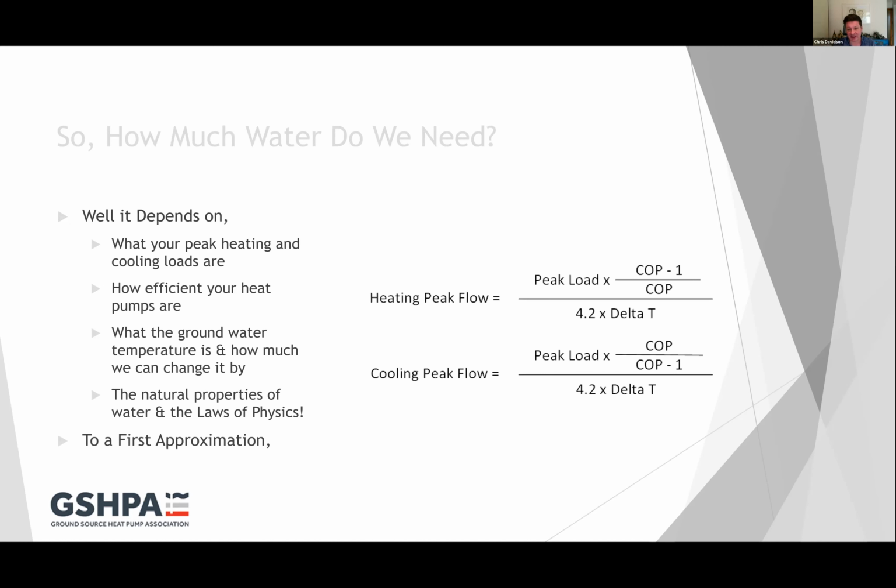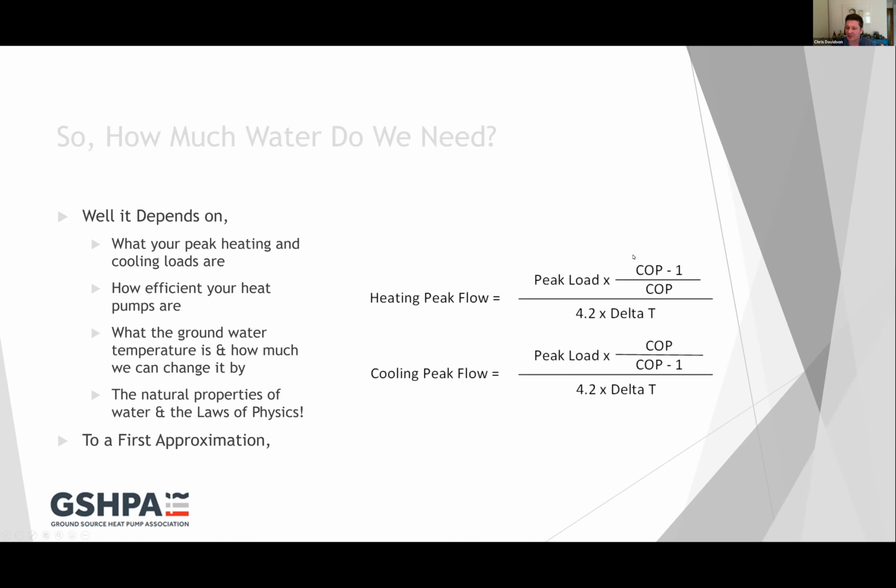So to a first approximation, that's the sums. You take your peak load, you multiply it by the efficiency, the COP of your heat pump at the design condition. You take one away from it, you divide that by the COP again, and then you divide that whole lot by 4.2 times delta T. So let me just tell you what everything is here.